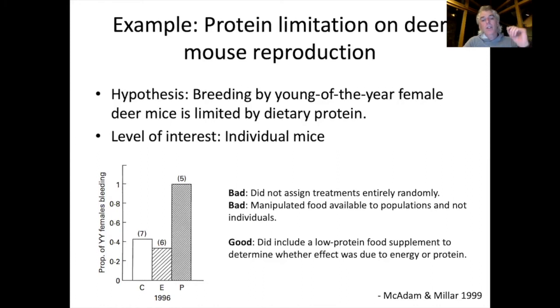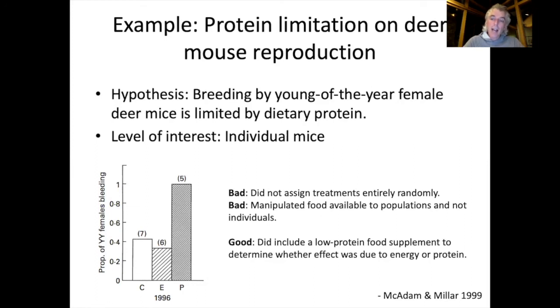And as a result, even though my question was about individual mice, I manipulated the availability of food accessed by entire populations. So some populations were control populations, some populations received a supplement of high protein food, and other populations received a supplement of high energy but low protein food.